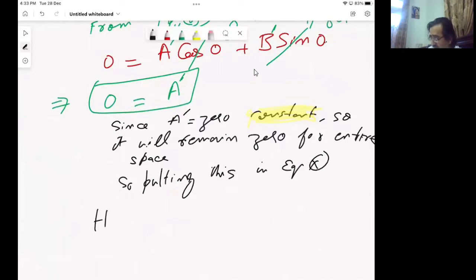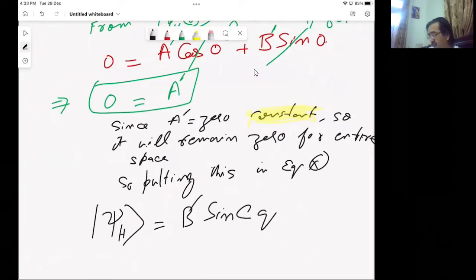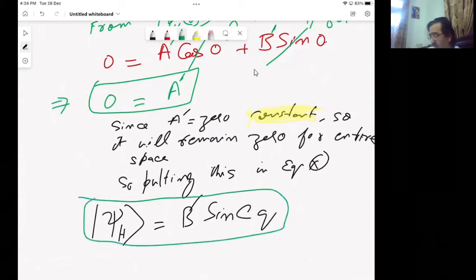So psi H now becomes B prime sine CQ because A prime is 0. So you will get this result. Now the further question is, what is the value of B prime? We have gotten the value of A prime. Now what is the value of B prime and C? Firstly we will try to find the value of B prime.